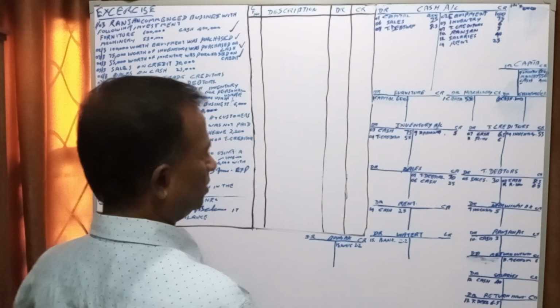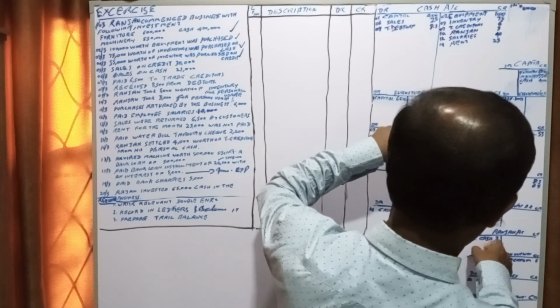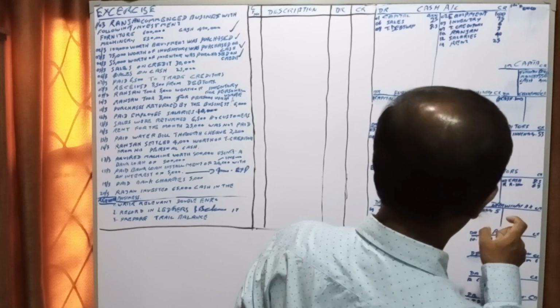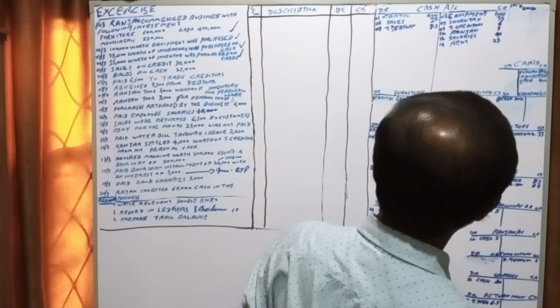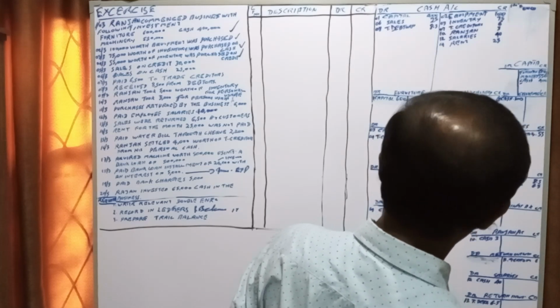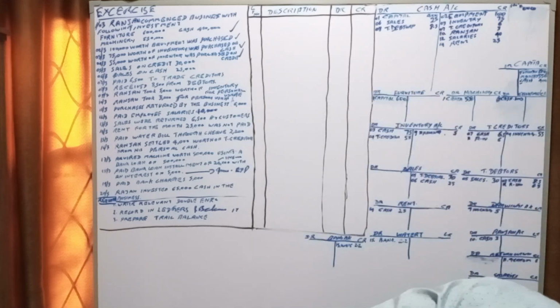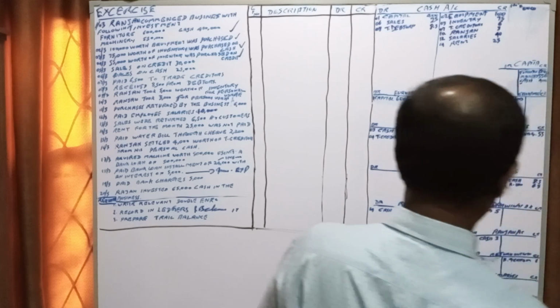Here, the 3,000 worth of inventory, 3,000 worth of cash taken by Ranjan has to be mentioned under the drawings account.